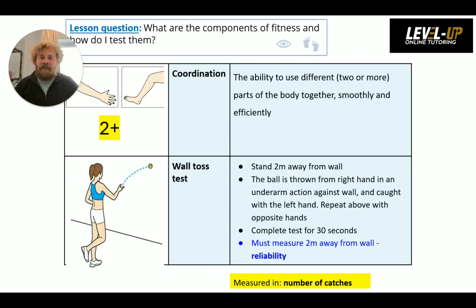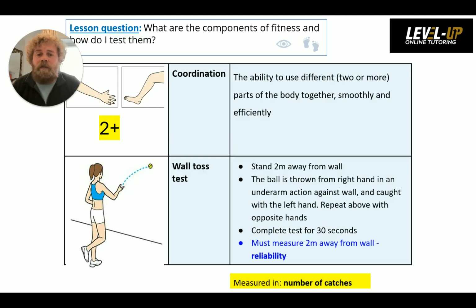Then we have coordination. So coordination is the ability to use different body parts together smoothly and efficiently. So two or more body parts. A good example of a fitness test for this is the wall toss test. So what you need to do is stand 2 meters away from the wall.